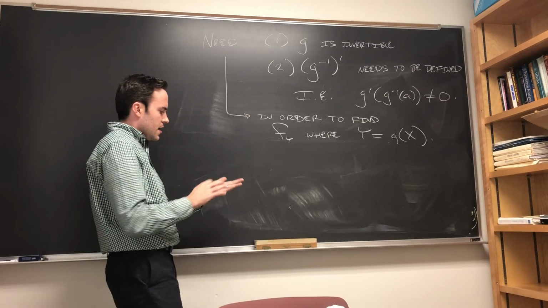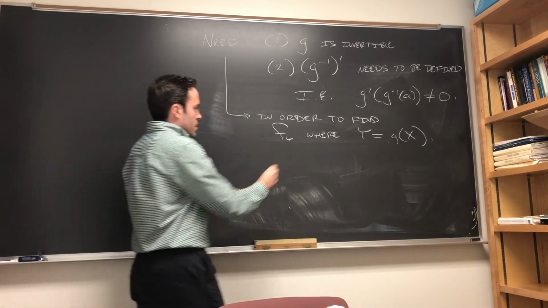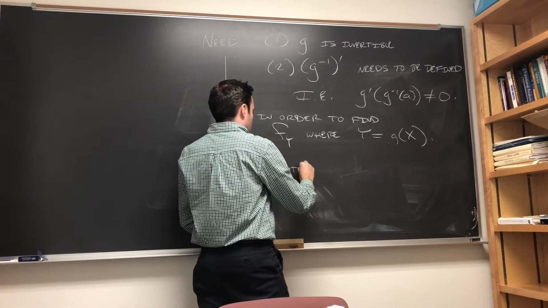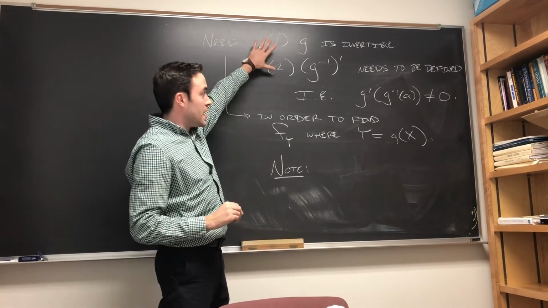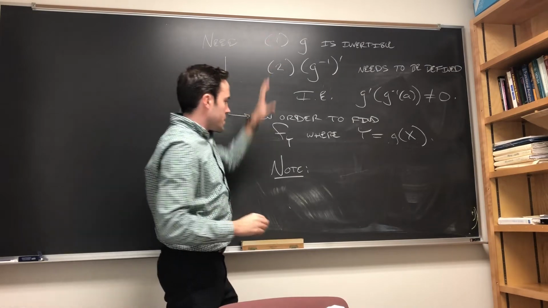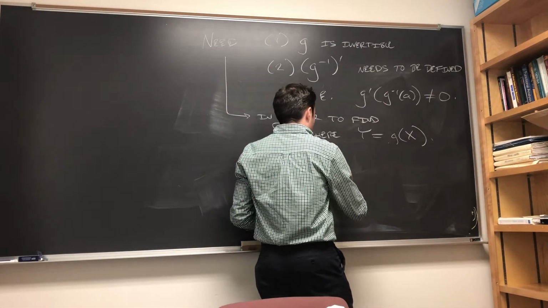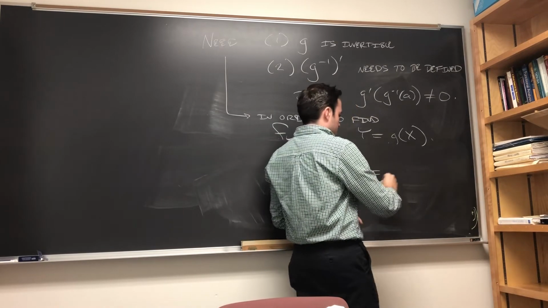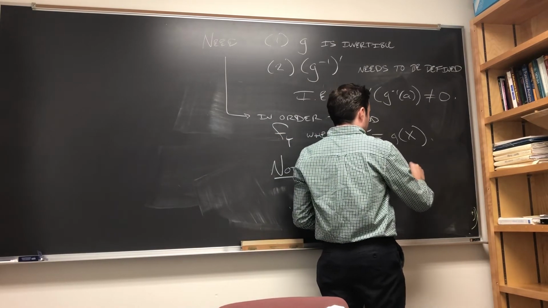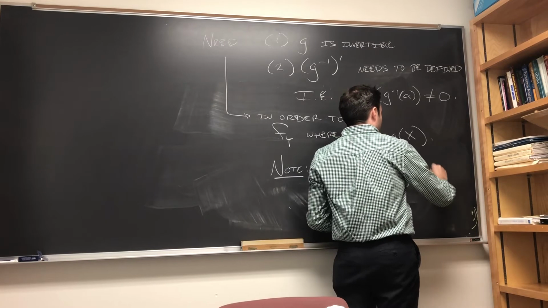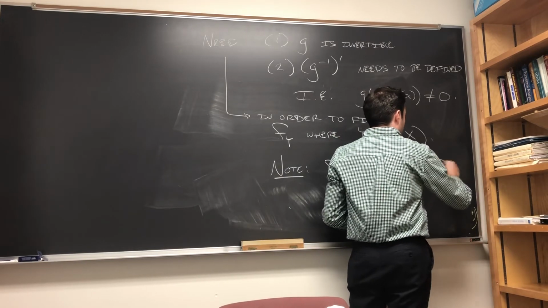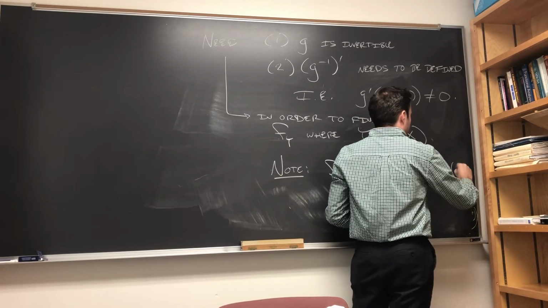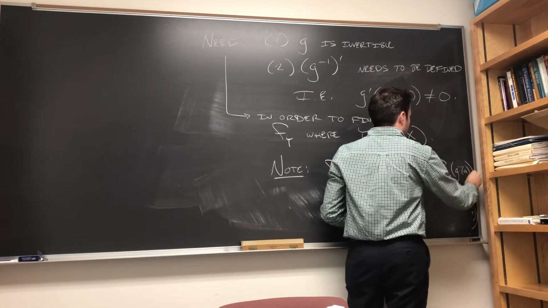Before we do that, I just want to make one comment here, which is that when 1 and 2 both happen, we can rewrite f sub y of a. This is really just plus or minus G inverse prime of a times the PDF for x evaluated at G inverse of a.